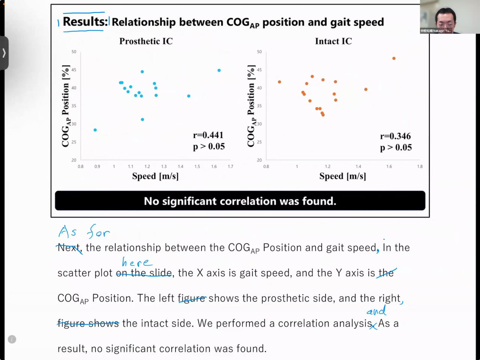The left shows the prosthetic side, and the right the intact side.